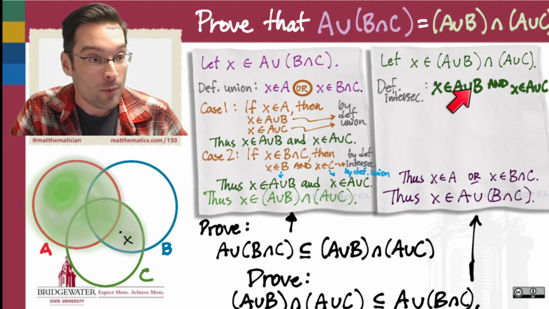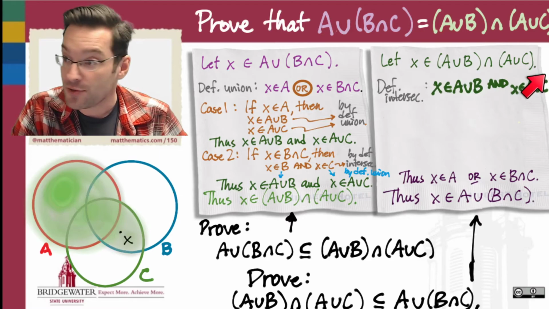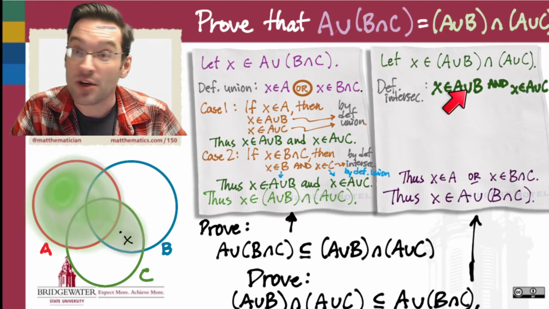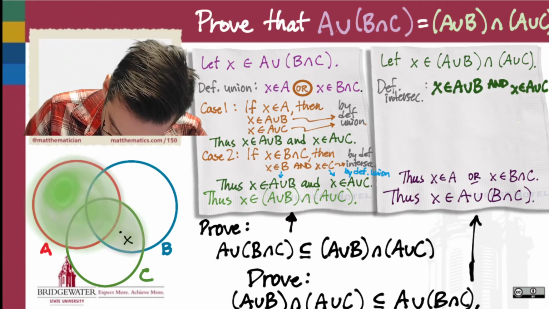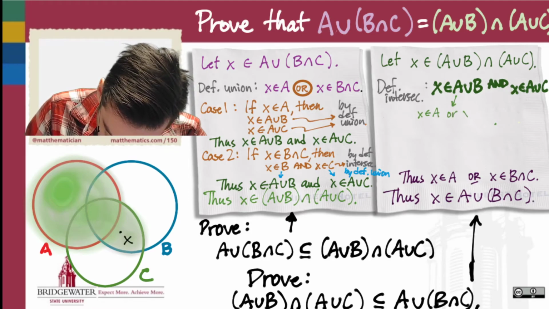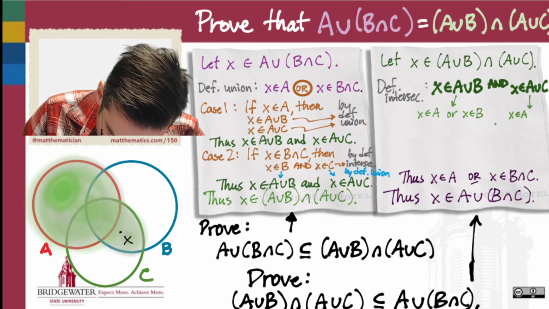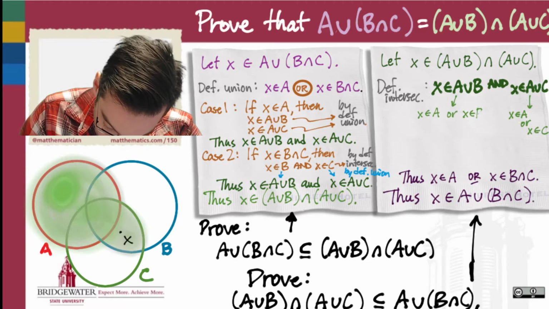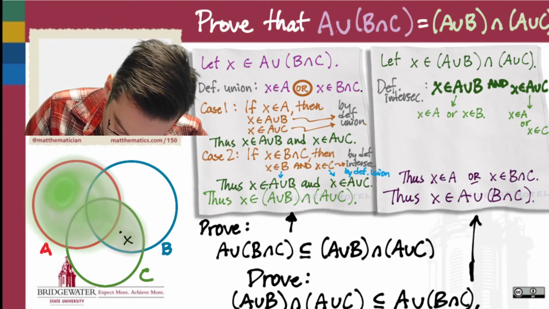I think the next step would be for us to eliminate the OR operators here. Right? Because we get to assume both of these things are true, but each one of these things is a logical disjunction. It's X belongs to A or X belongs to B, and we can also say that X belongs to A or X belongs to C. That's using the definition of union to unpack those steps.